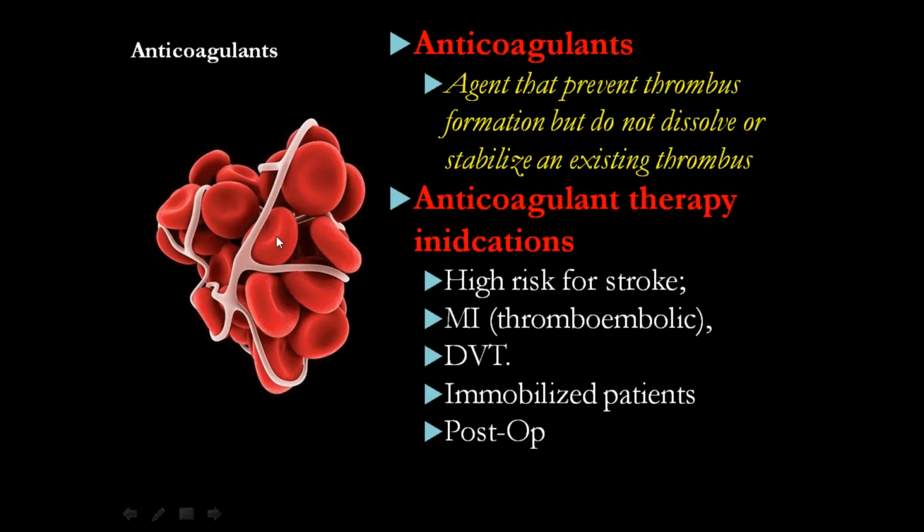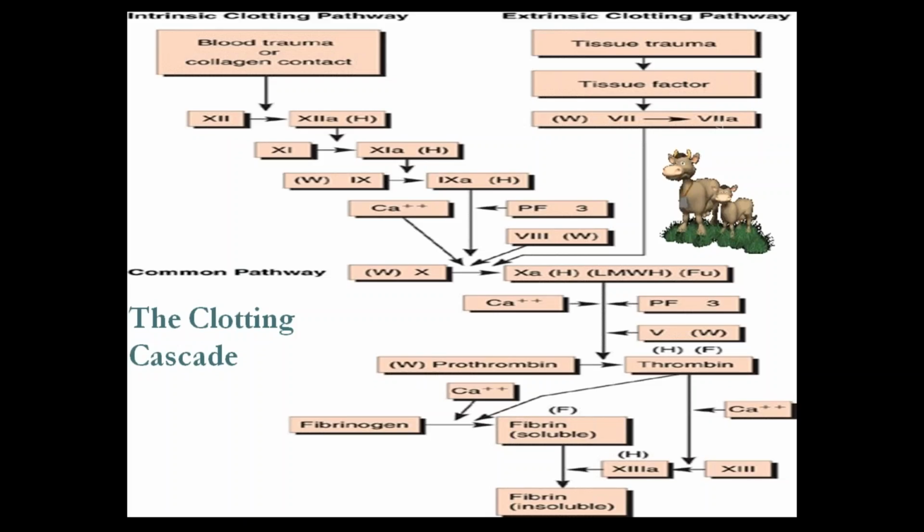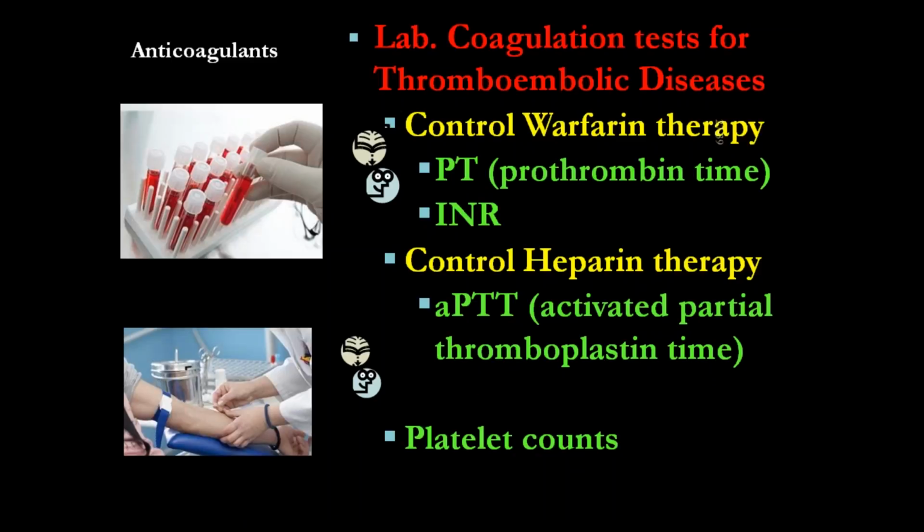So platelets are hiding somewhere here. Anticoagulants are going to prevent the formation of new clots, period. All right, so we have two groups of medication, the warfarin anticoagulant and the heparin anticoagulant.